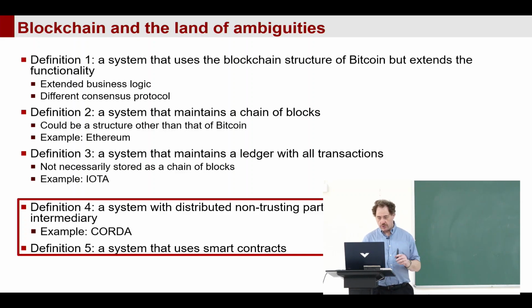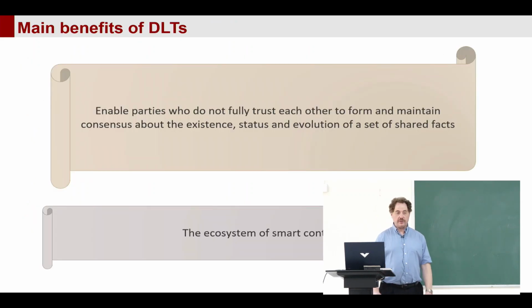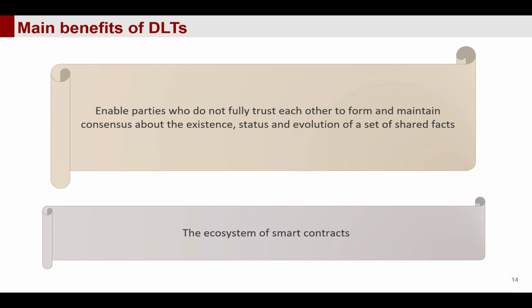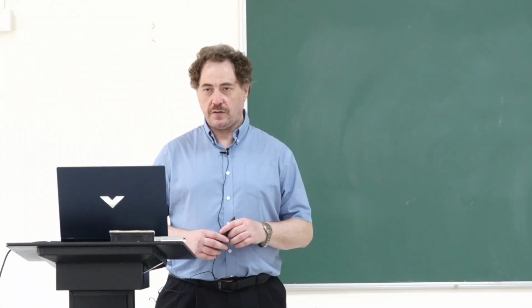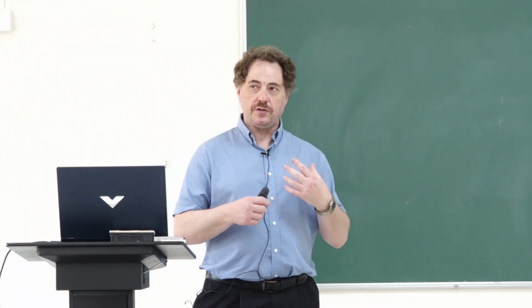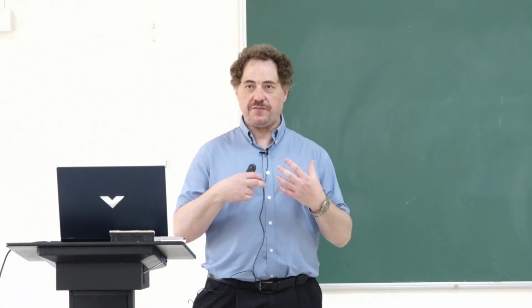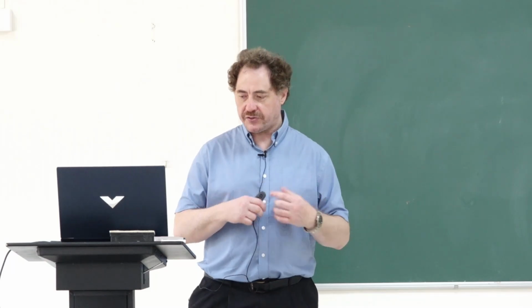Well, the good news is that people do agree about the main benefits of using the technology. The main benefit is that it enables parties who do not fully trust each other to form and maintain consensus about the existence, status, and evolution of a set of shared data. This is the main feature, the main principle which benefits blockchain-based infrastructures.